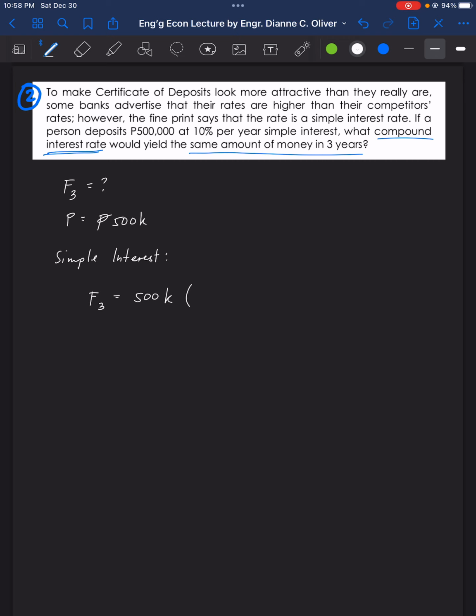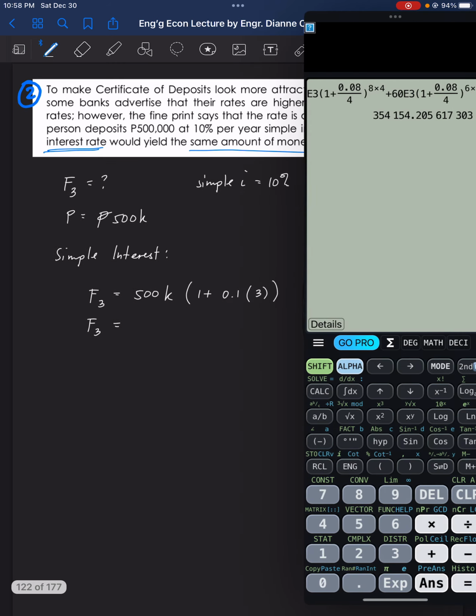Formula for simple interest is 1 plus i times n. The interest rate for simple interest is 10%, so that will be 0.1, and n is 3 years. So what is the F3, or total amount of money in 3 years?